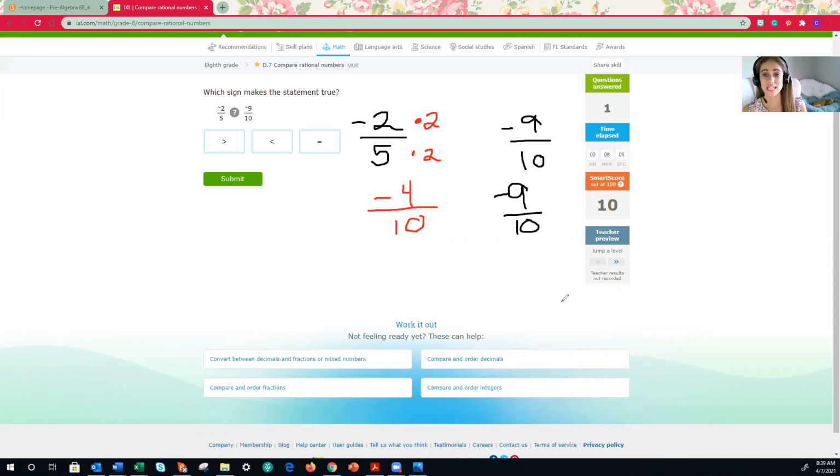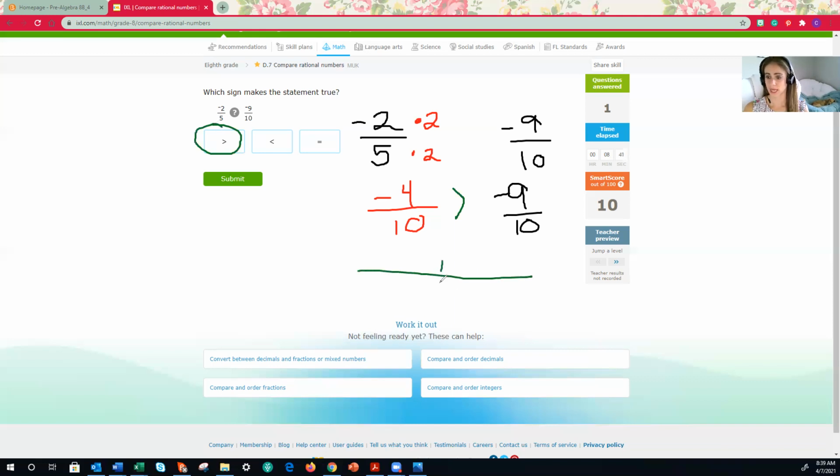Our numbers are negative, which means we need to be careful as to what number is really bigger. What do you think? Is -4/10 greater than or less than -9/10? It, in fact, is greater than, because remember, with our negative numbers, the closer we are to 0, the greater the value is.